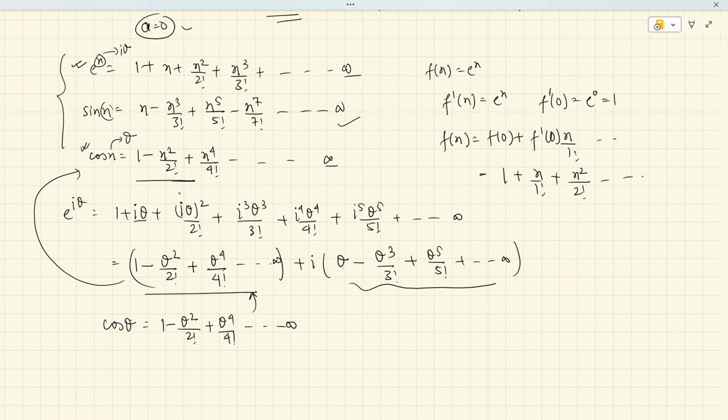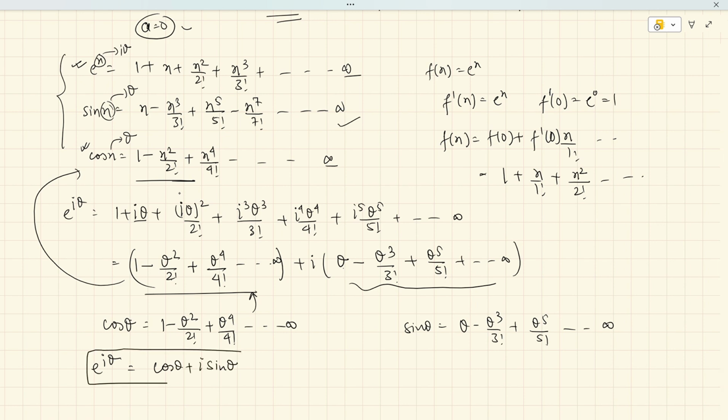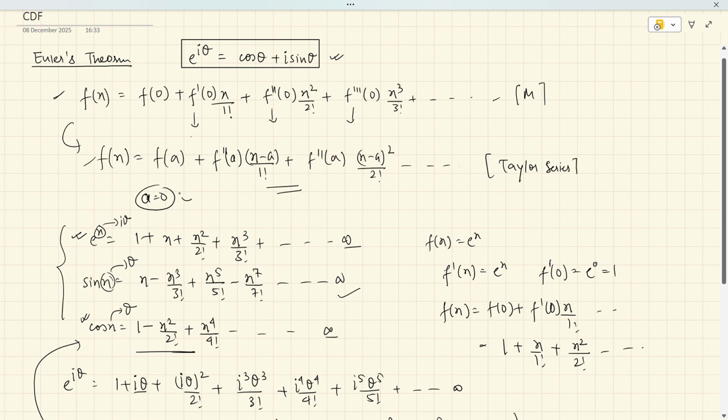Instead of x, if we put theta, sin theta is theta minus theta cube divided by 3 factorial plus theta to the power 5 divided by 5 factorial and so on till infinity. So e to the power i theta is nothing but cos theta plus i sin theta. Hence proved. This is the algebraic way to prove Euler's theorem.